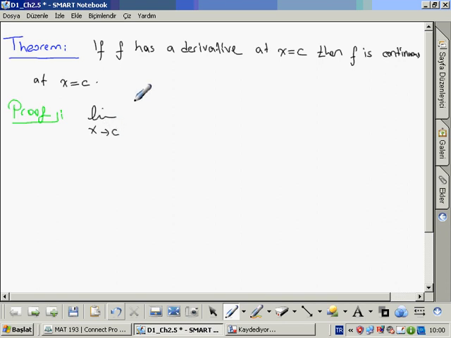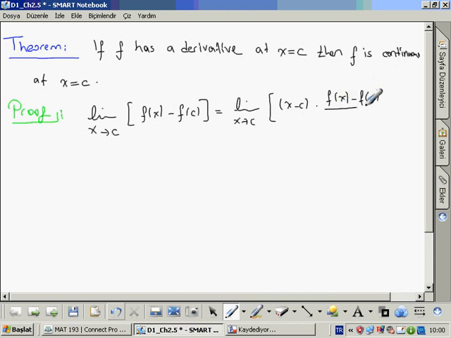Limit as x goes to c of f of x minus f of c equals limit as x goes to c of x minus c times f of x minus f of c over x minus c. I've just multiplied by x minus c in both the numerator and the denominator.